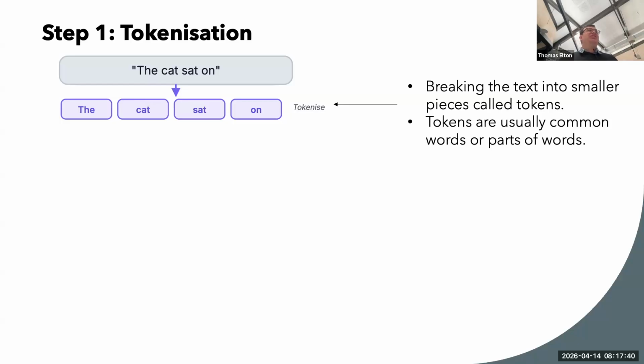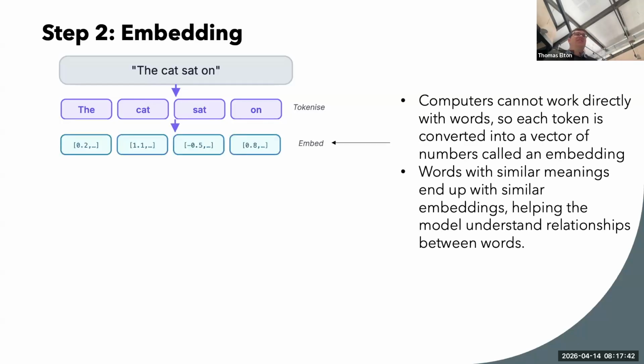After we split them into tokens, the next step is embedding. One of the things is we've been using LLMs a lot. I'm sure you use LLMs a lot in your day-to-day life. It's really important to realize the LLMs don't understand words, they understand numbers. And so underneath, what happens is these tokens get converted into a vector of numbers, which are called embeddings.